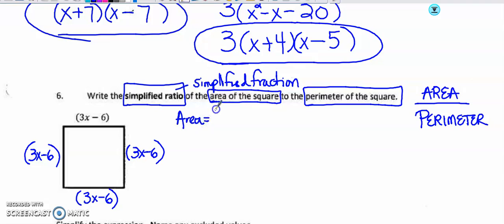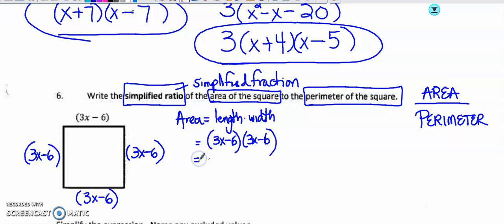You all should know area is length times width. The length and width is 3x minus 6 times 3x minus 6. So that's a binomial times a binomial, which is going to give us 9x squared minus 18x minus 18x plus 36.